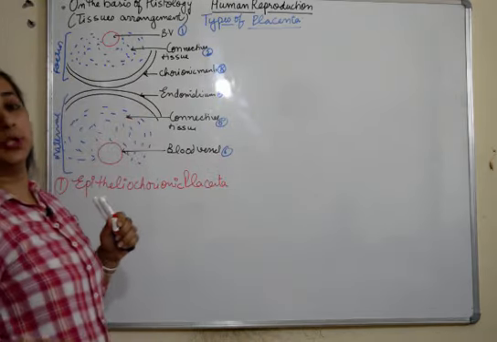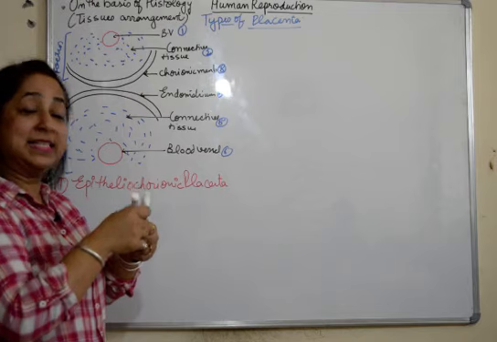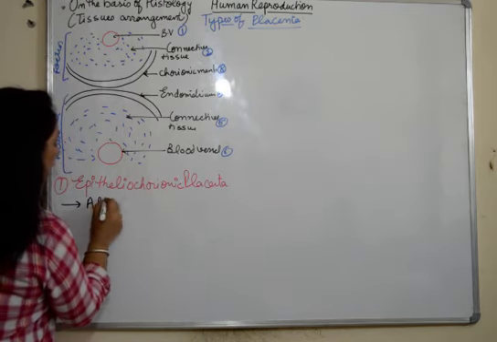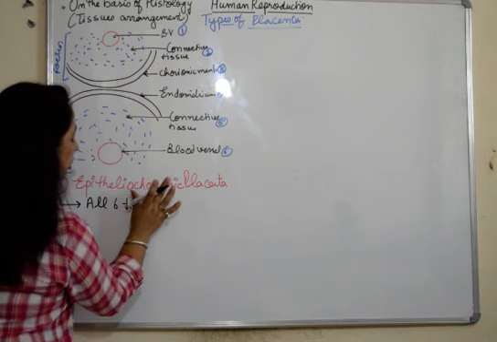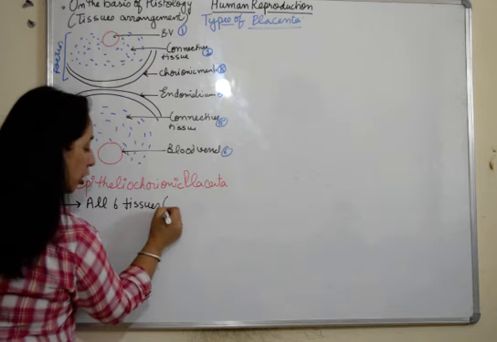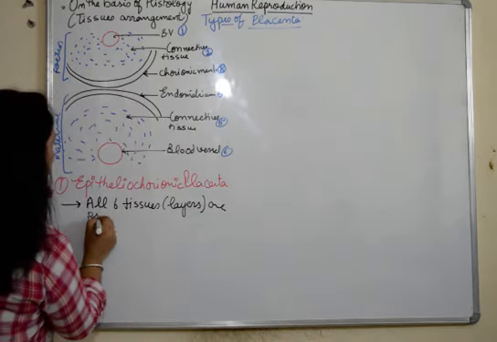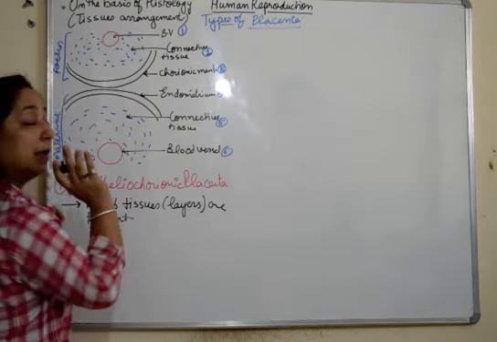This type of arrangement where all the 6 layers are present is known as epitheliochorionic. All 6 tissues, or you can say layers, are present in this type of placenta.